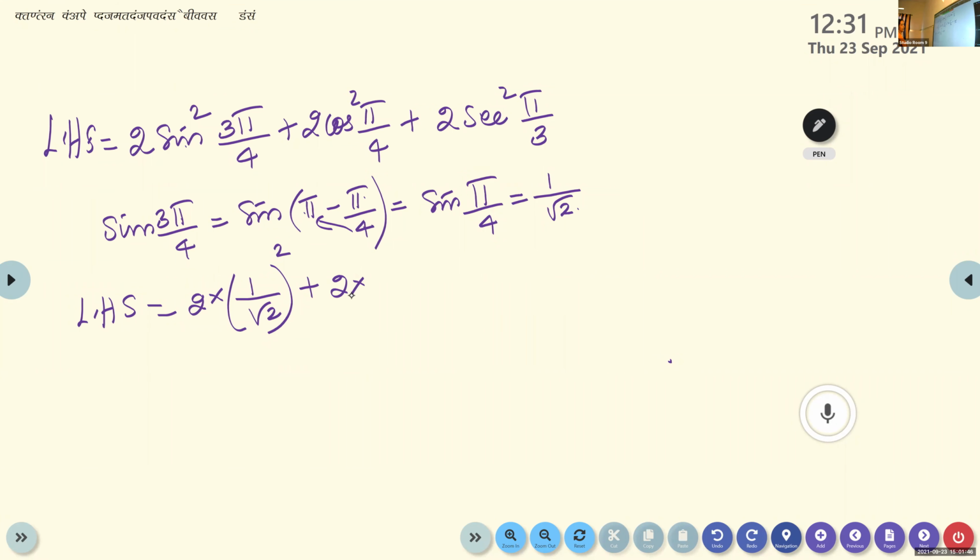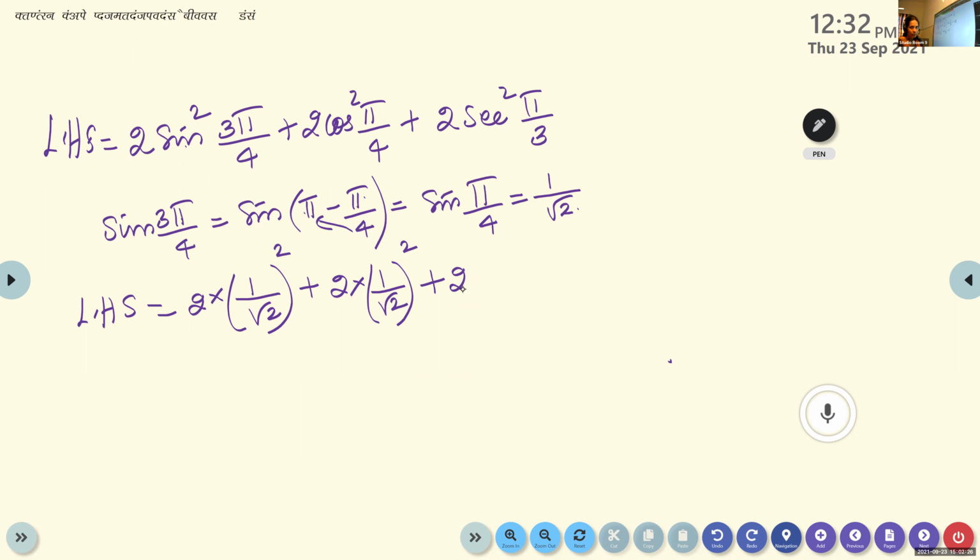What will be cos square pi by 4? What is cos 45? Cos 45 is also 1 by root 2, the whole square. Plus 2 into sec square pi by 3. What is sec square pi by 3? What is cos pi by 3?